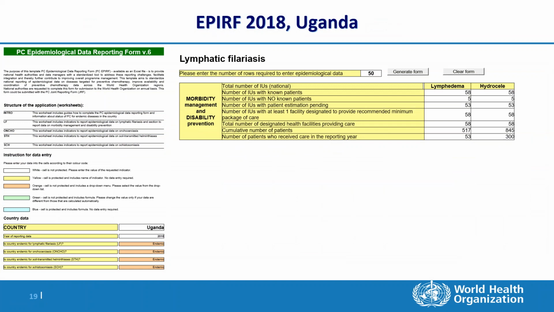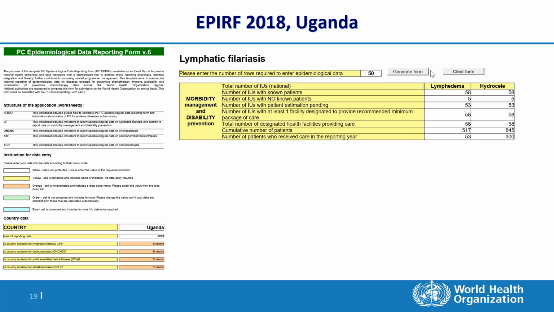So this is the form that Uganda sent us last week. As you see, the first part of the form, morbidity management and disability, has the number of IUs with known patients. All these need to be cumulative.